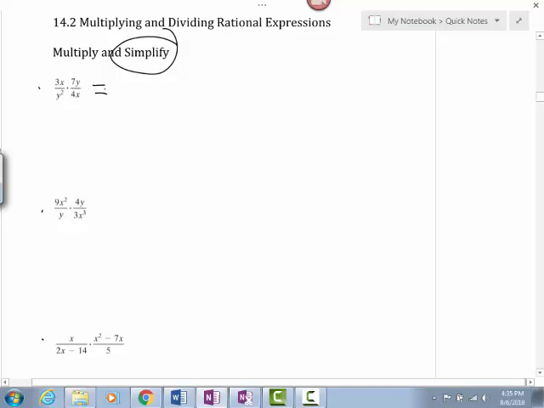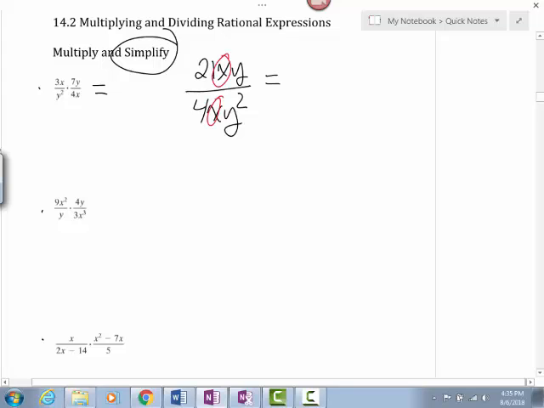So 3x times 7y is going to leave me with a 21xy. On the bottom, y squared times 4x will leave me with a 4x y squared. I'm just putting them in alphabetical order. All I'm going to do now is just reduce my fractions, okay?